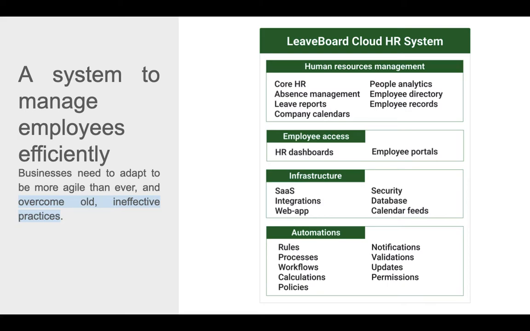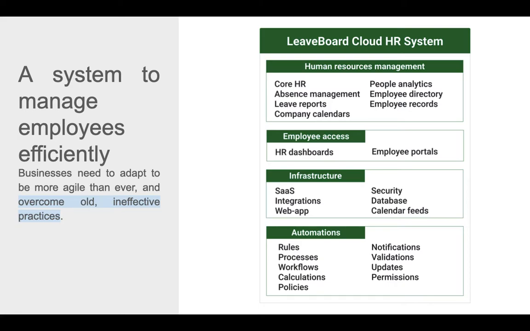From the infrastructure point of view, the app works as software as a service. It has integration with Office, with Slack, and Google. It's secure, it has a very dynamic database, and provides a lot of calendar feeds.